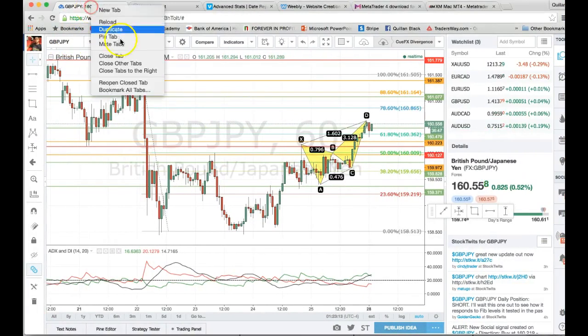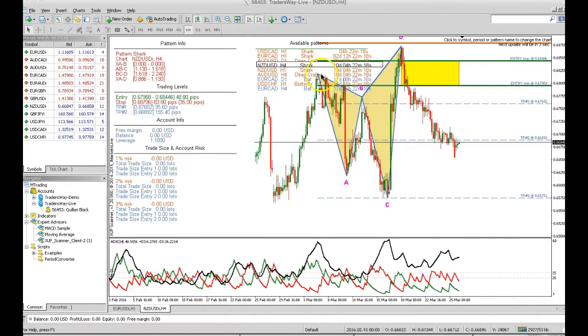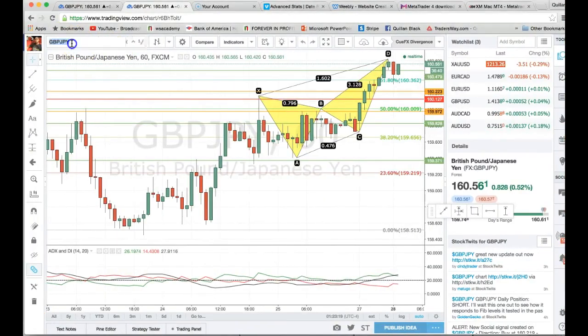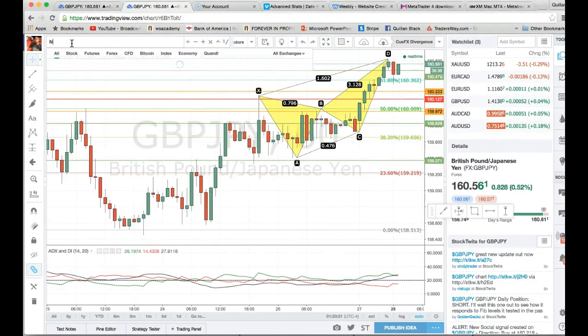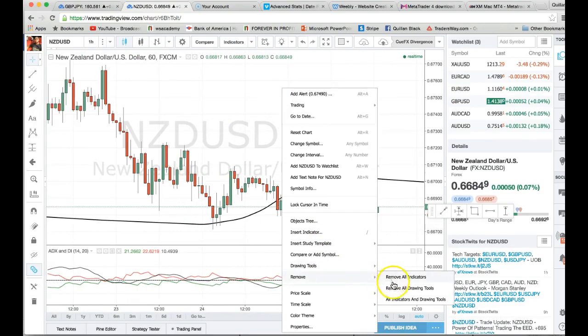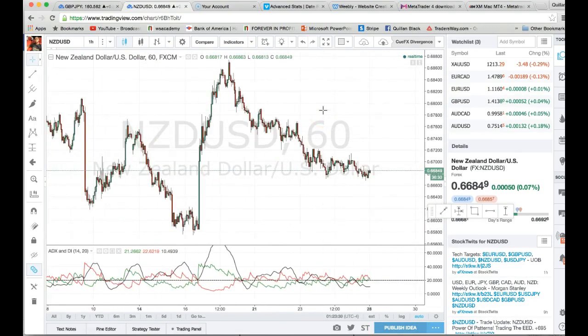So that one is done. Let's say I want to look at this pair right here, which is, what is this? NZD-USD.